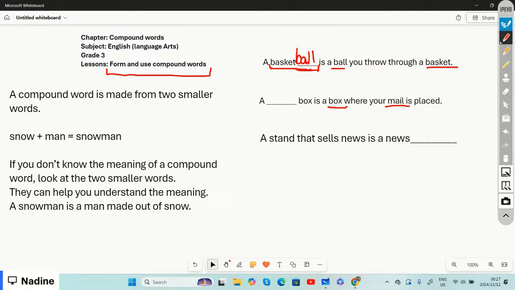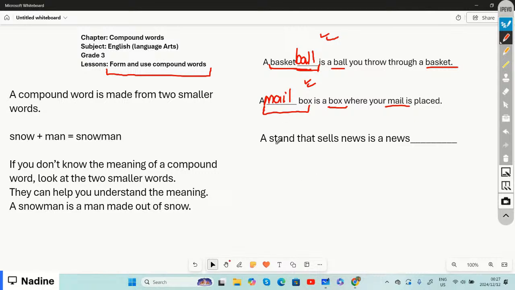All right, and if we select the compound word, then yes, we can say a mailbox. So a mailbox is a box where your mail is placed in. A what box is a box where you place your mail in? A mailbox is a box where you place your mail in. So well done.